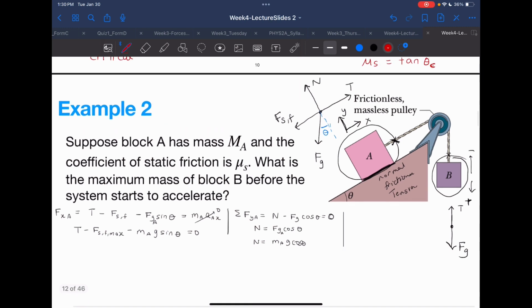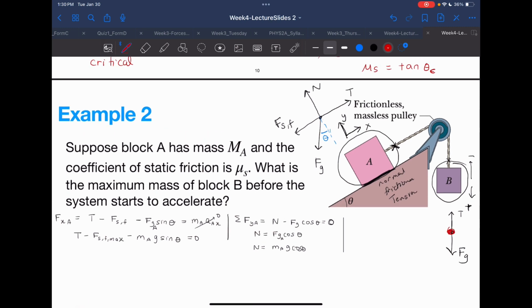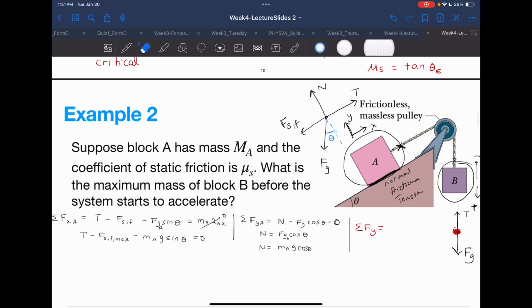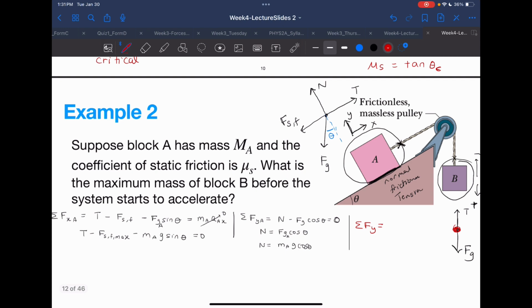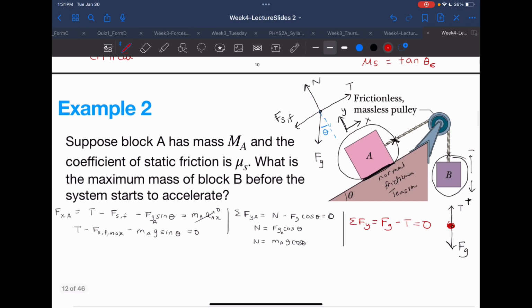So now working with block B here, the sum of the forces in the y direction is just tension. And if we keep the coordinate system where down is positive, up is negative, basically this sum will be force of gravity in the positive direction minus tension equals 0. Now remember, earlier I said because the acceleration is 0, the choice of this coordinate system actually doesn't matter.